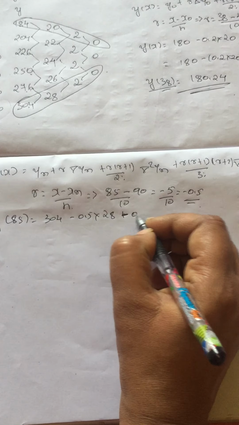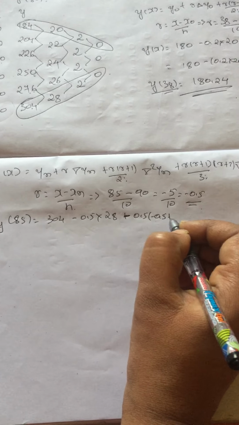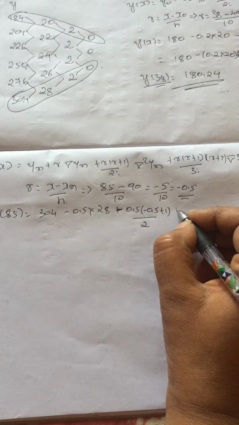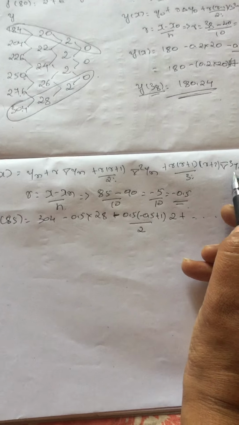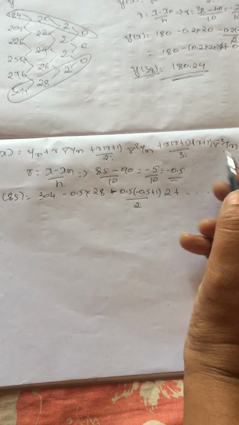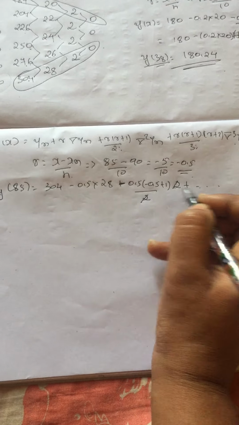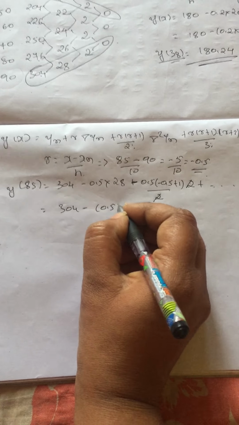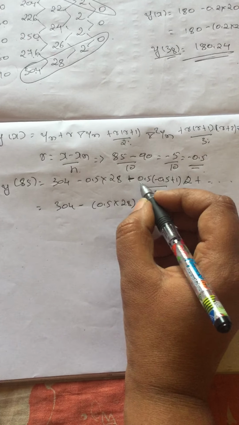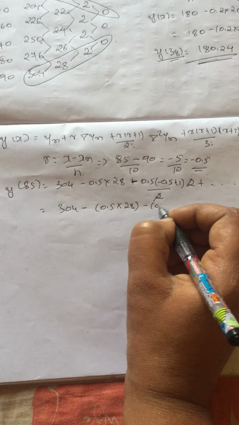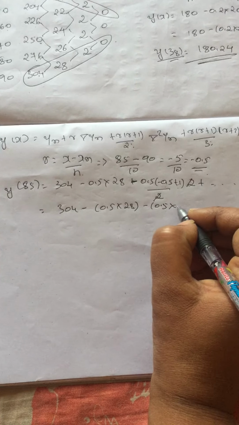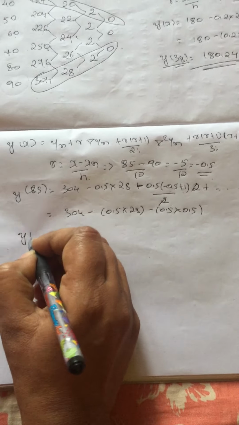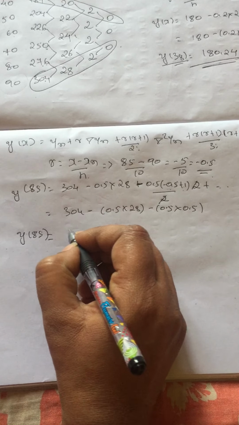Next, minus 0.5 into minus 0.5 plus 1 by 2 factorial value 2, nabla square yn value 2. Next, nabla cube yn value 0, and 0 into something is 0. Then the 2 cancels. Therefore 304 minus 0.5 into 28. Next, minus 0.5 into 1 minus 0.5 becomes plus 0.5.